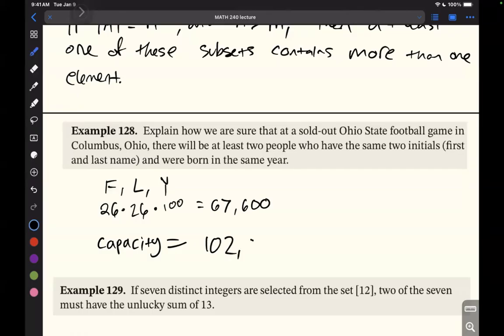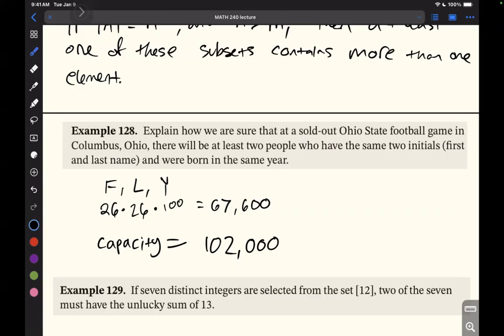One hundred two thousand. This is the pigeonhole principle because what we've computed here are all the possibilities for someone to have the same first and last initial and be born in the same year, but there's 102,000 people who are going to go to this game.